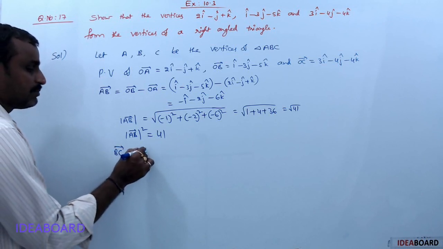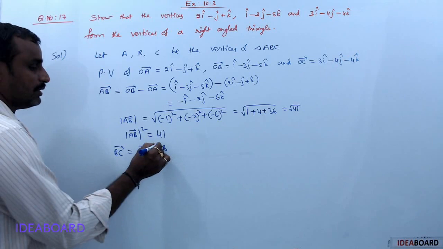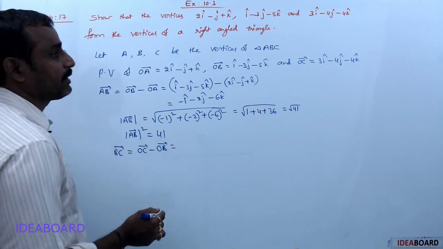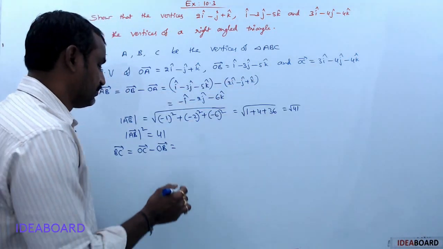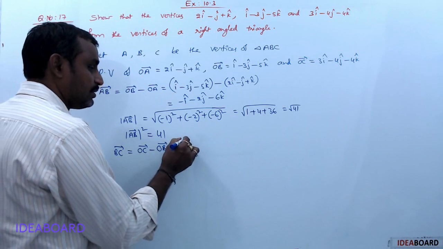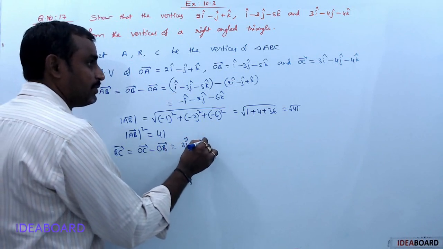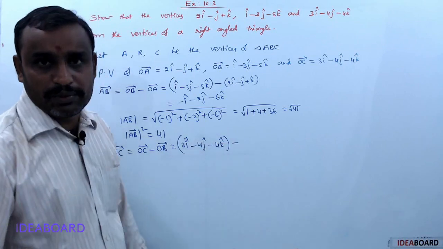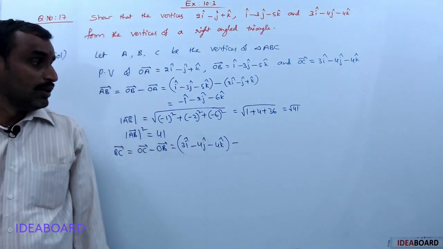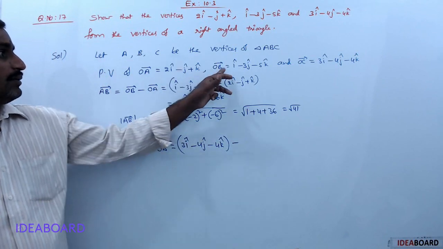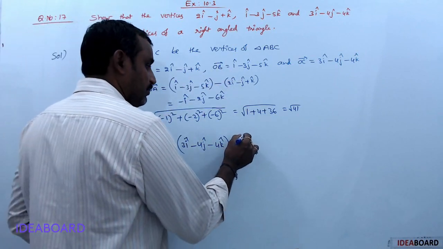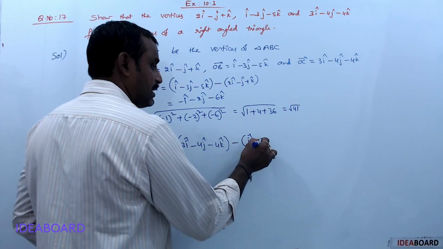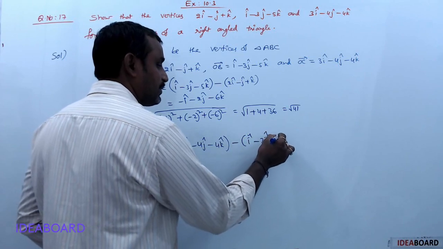BC bar is OC bar minus OB bar. So now this is equal to OC bar vector 3i cap minus 4j cap minus 4k cap. It is subtraction with the vector OB bar. What is the OB bar vector? Minus of i cap minus 3j cap minus 5k cap.